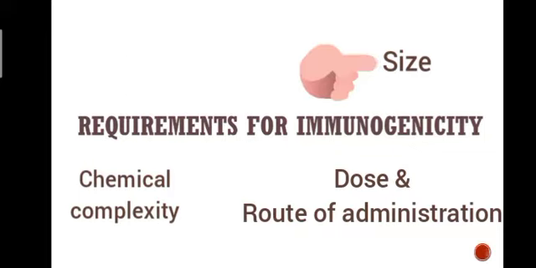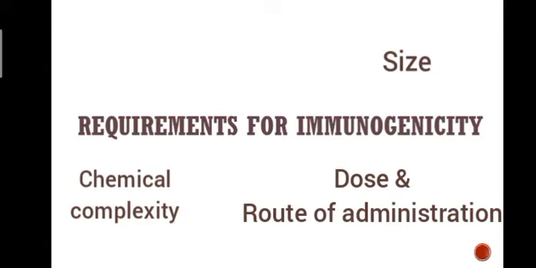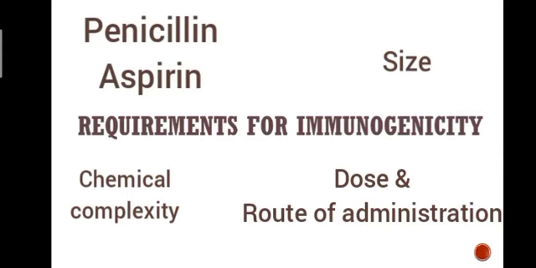The second requirement for being immunogenic is that the compound must have a certain minimal molecular weight. There is a relationship between the size of an immunogen and its immunogenicity. In general, small compounds with a molecular weight less than 1000 Dalton, for example penicillin and aspirin, are not immunogenic.